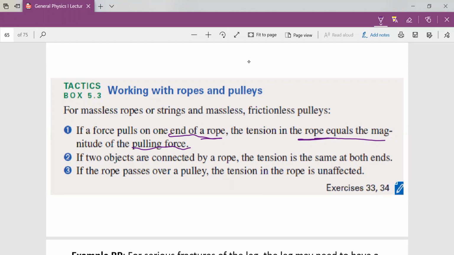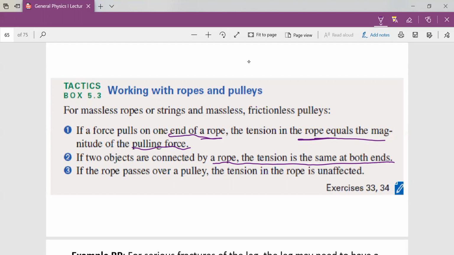The tension of the wall, or the pull back from the wall on that rope, will be equal in magnitude. So if 2 objects are connected by a rope, the tension will be the same at both ends. Okay, we'll see that also in the example we'll look at.